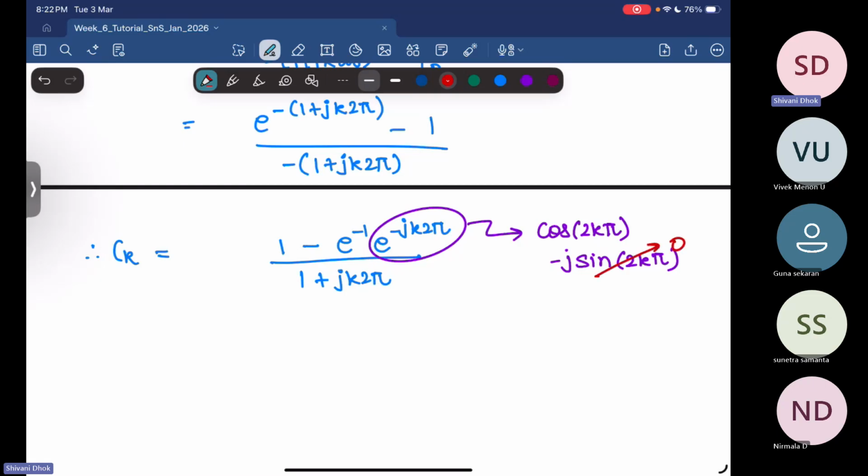The sine goes to 0, and cos of even multiples of pi is essentially 1. So this reduces to Ck equal to 1 minus e power minus 1 divided by 1 plus jk 2 pi. These are the Fourier series coefficients for this given signal. Is it clear? Any questions?